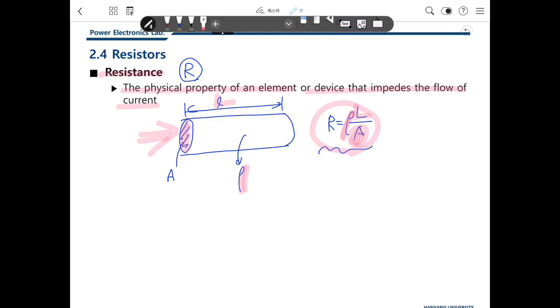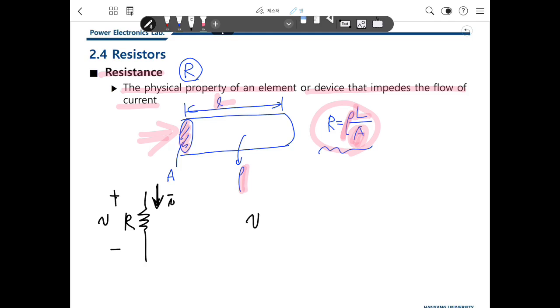So R has a very simple characteristic relating voltage and current. That is Ohm's law. You already know about that. This is the symbol of R. If the voltage V across it is plus and minus, then current I will flow in this way. We define the direction in this way, and we call that the passive convention.